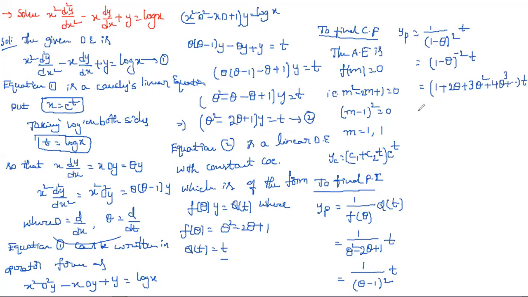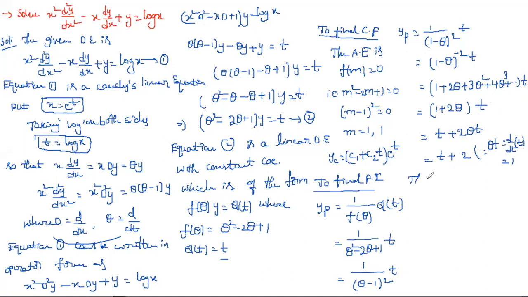But here the polynomial has degree 1, so for that we can write (1 + 2θ) t. Now multiply: t + 2θt. So this is equal to t + 2(1), since θt is nothing but d/dt of t, which is 1. So for that we got yp.